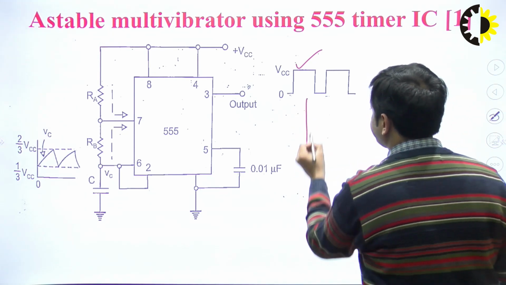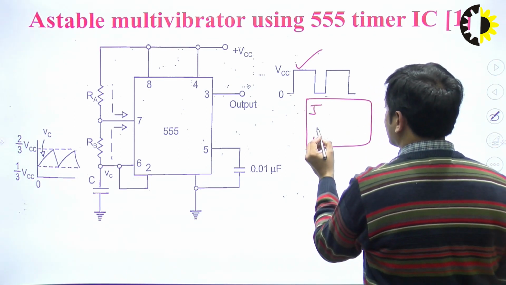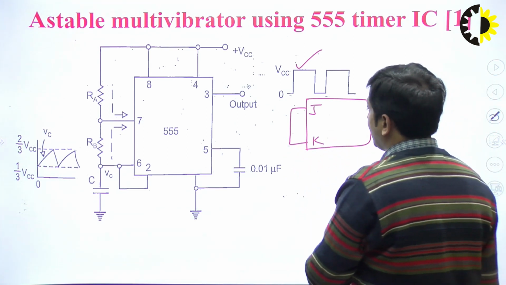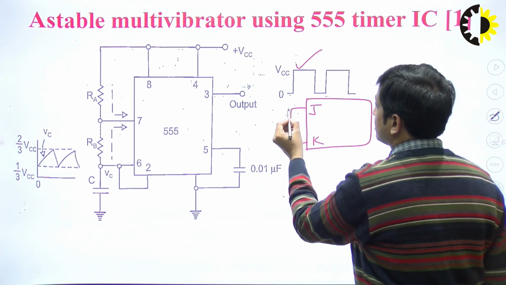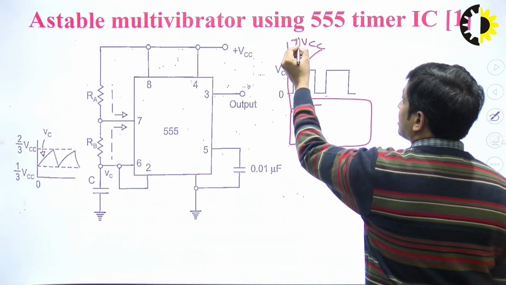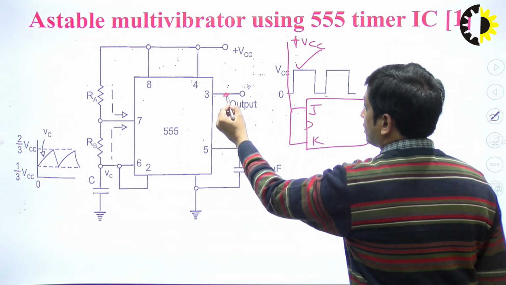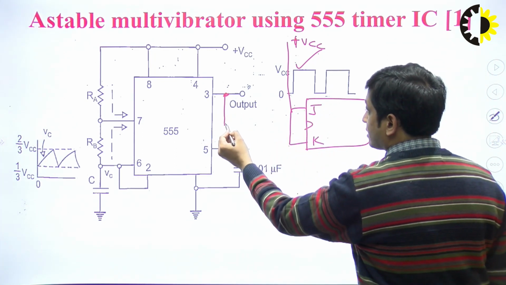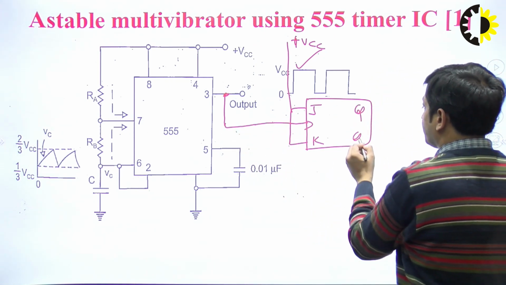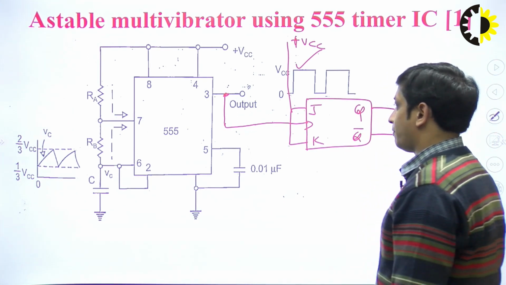For that, we use a JK flip flop, and in the JK flip flop we short J and K, and we connect J and K to plus VCC. It means that J and K both are 1, and the output of the astable multivibrator acts as a clock pulse for the JK flip flop, and this is the output Q and Q bar. Let's consider a positive edge triggered JK flip flop.